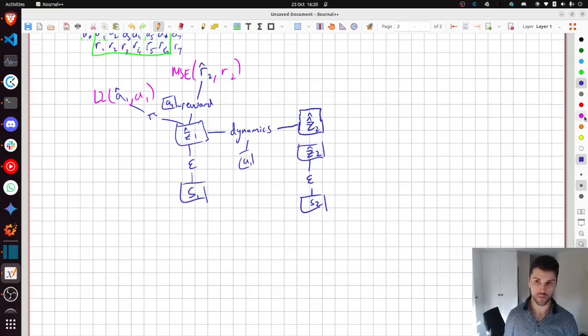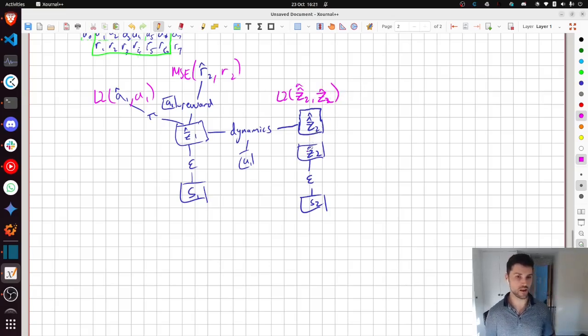And what we can compute now is a regression loss of sorts between Z double hat 2 and Z hat 2, right? And so this is called the consistency loss because we're making sure that encoding state 1 and using the dynamics model and getting to Z2, or encoding state 2 to get to Z2, gives you the same thing, right?